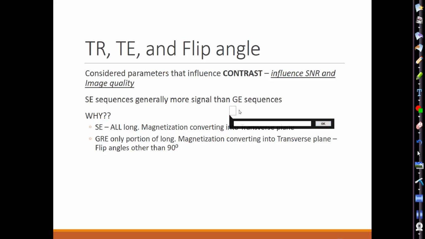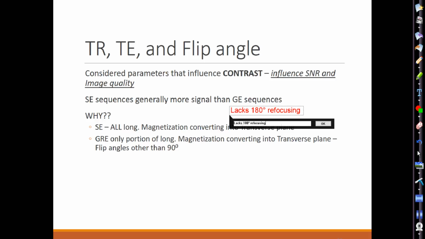So you could say GE lacks a 180-degree refocusing pulse. The main objective of that refocusing pulse is to really regrow that signal, and our spin echo pulse sequences have that. Sometimes they have it multiple times, like Nick was asking, with turbo spin echo, where we have multiple 180s, so we're regrowing that signal over the course of time.